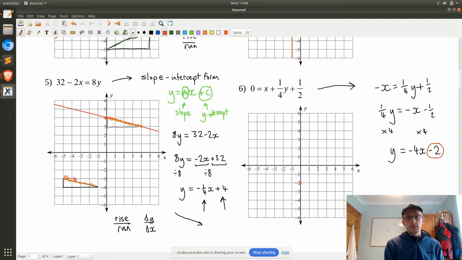What you can do is just input any number that you like. Now, if I input the number 10 for x, then my y value will be huge and I won't see it on the page. So what I'm going to input is 1. I'm going to input the number 1 where x is.